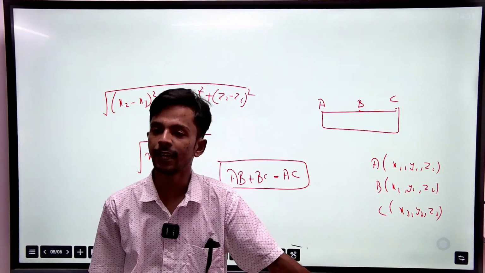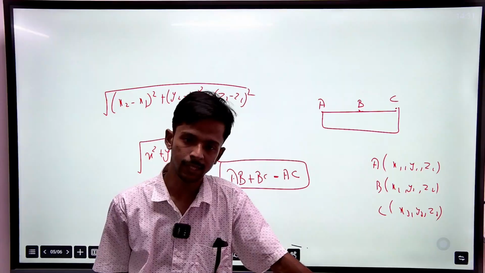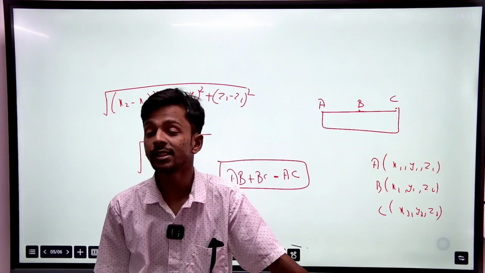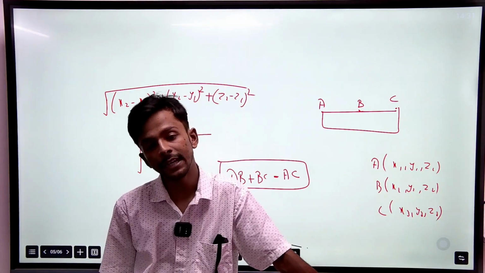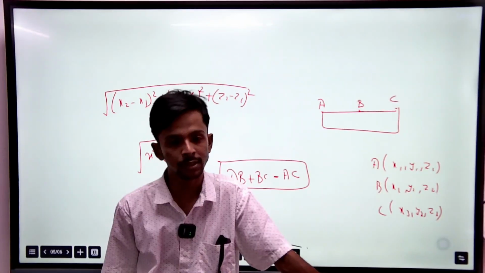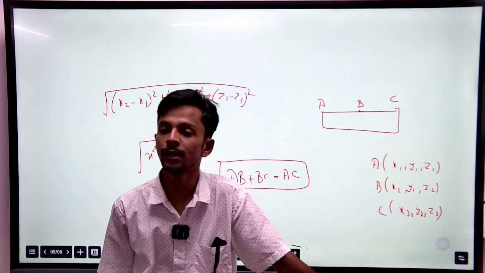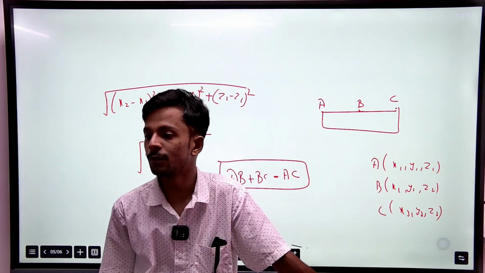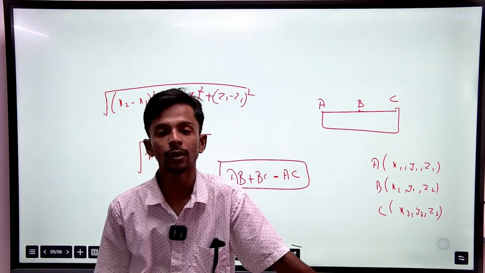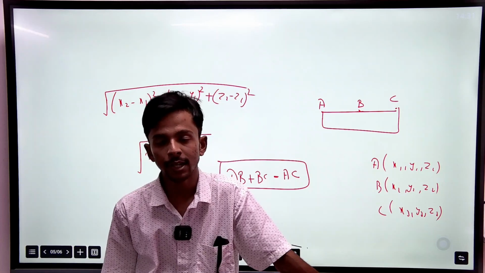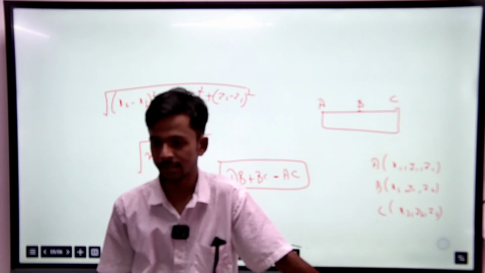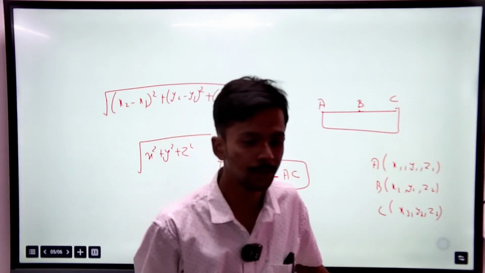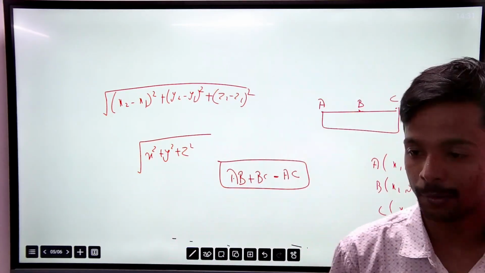So again, you have to find your AB, BC, AC. Then you have to check whether these three sides follow the Pythagoras theorem or not. If they do, then you say this will be a right angle triangle. If not, that will not be a right angle triangle. It may be AB square plus BC square equal to AC square, or AC square plus BC square equal to AB square, regardless of the sides. But if it follows the Pythagoras theorem, it will be a right angle triangle. Are you getting my point?